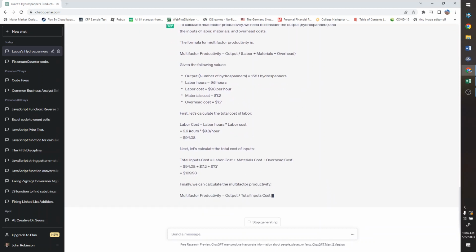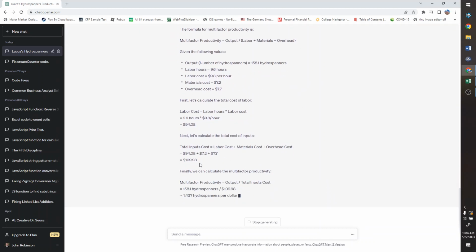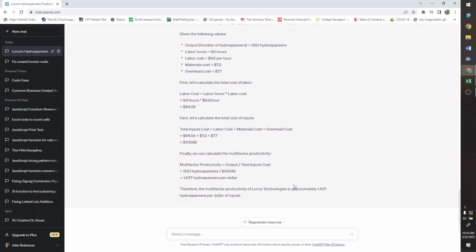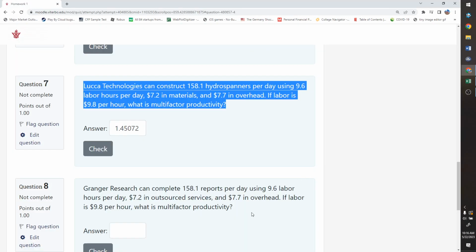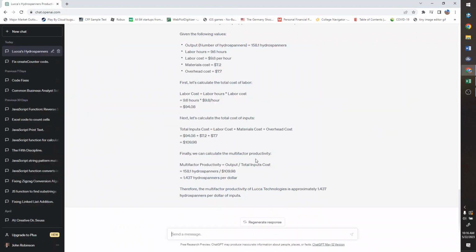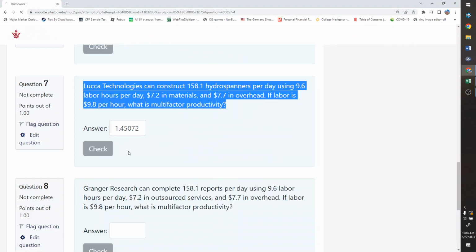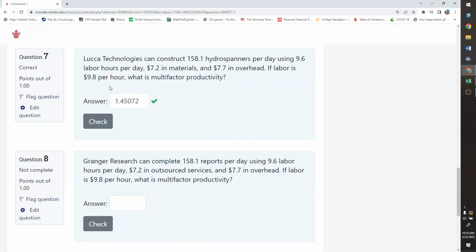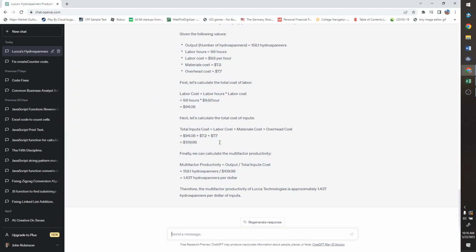And it understands it needs to multiply and add. And once again, gets the wrong answer. Well, does this work? Correct, right? So bad at math, but good at explaining what you might do.